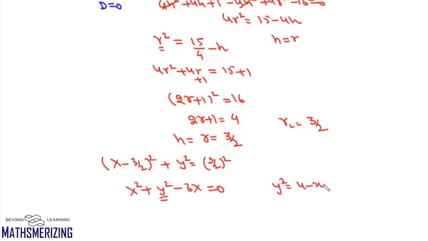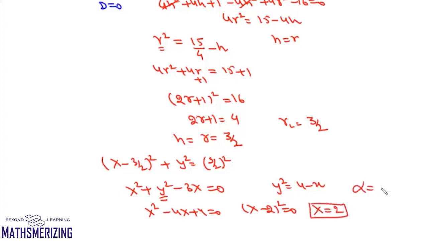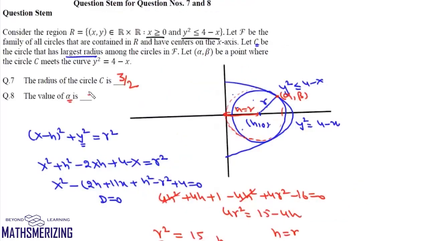Now we put y square as 4 minus x, and we get x square minus 4x plus 4 equals 0, that is x minus 2 whole square equals 0. And since they are both tangent, we are getting only one value of x. So here the value of alpha is simply 2. So the answer to this question is 3 by 2 and 2.